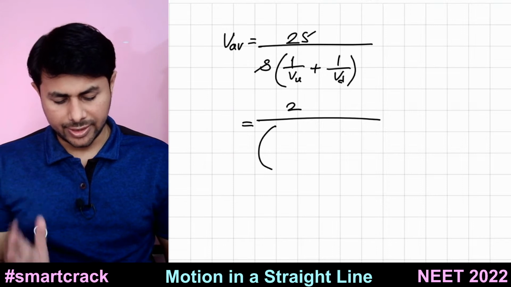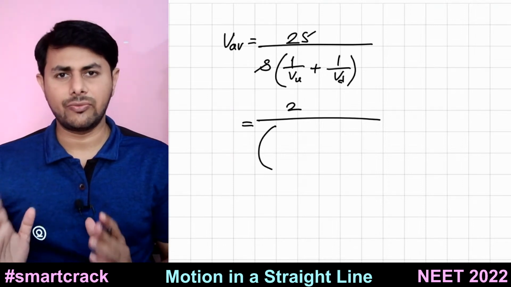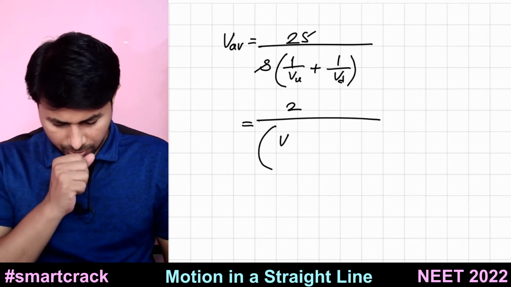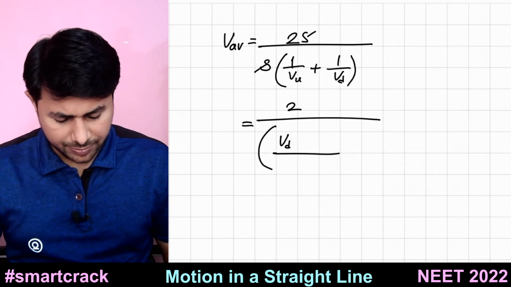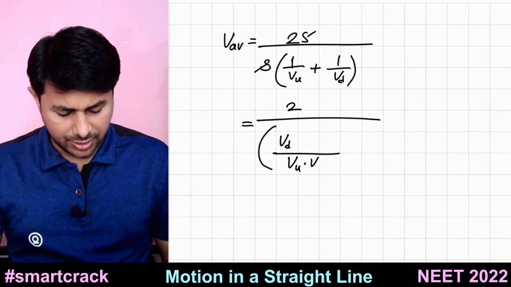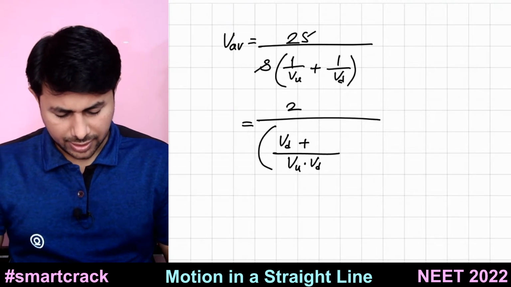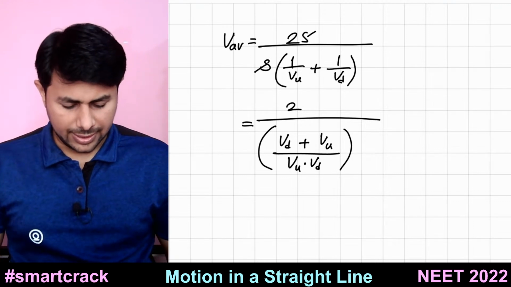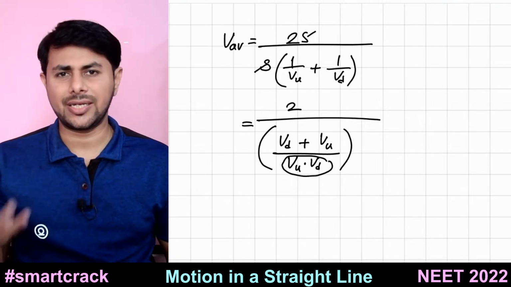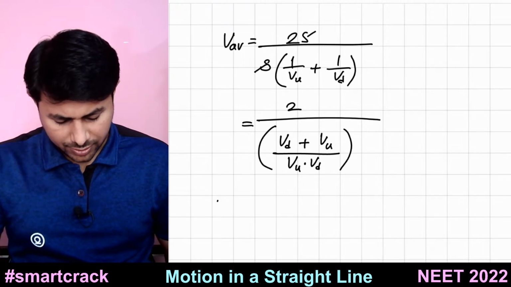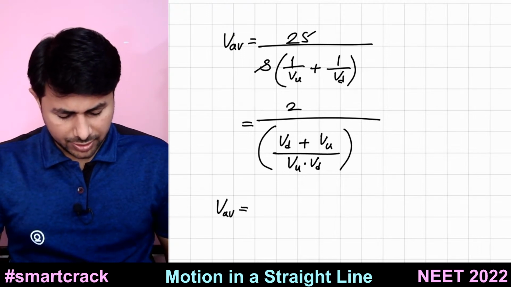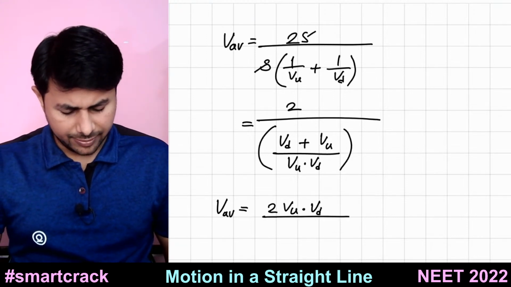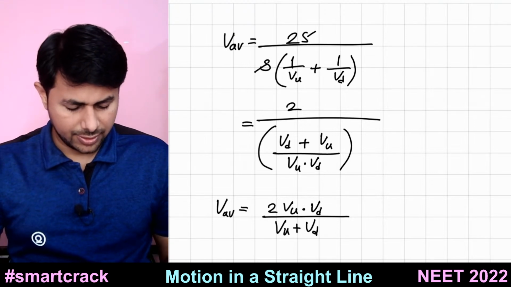We multiply the first term by Vd and the second term by Vu. So we get Vd upon Vu times Vd plus Vu upon Vu times Vd. And this is the denominator of a denominator, so we can take that into the numerator. So we get V average equals 2 times Vu times Vd divided by Vu plus Vd.